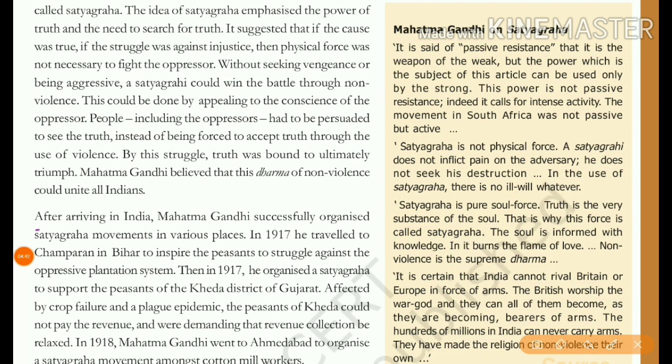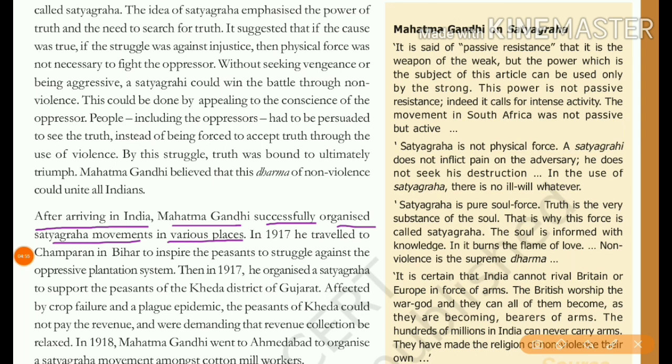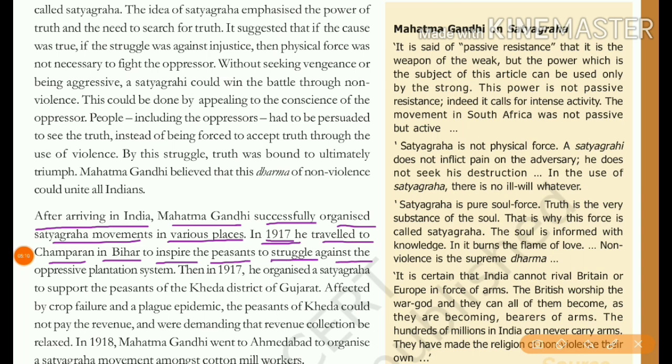After arriving in India, that is in 1915 from South Africa, Mahatma Gandhi successfully organized Satyagraha movements in various places in India. In 1917, he travelled to Champaran in Bihar. Champaran is a place in Bihar, to inspire the peasants, that is small farmers, to struggle against the oppressive plantation system.